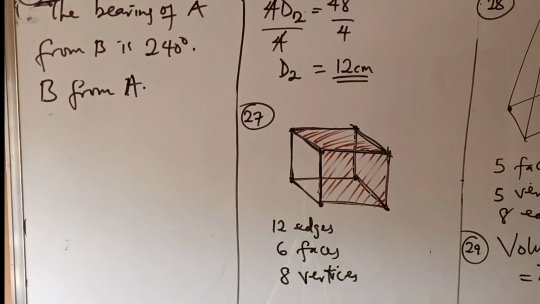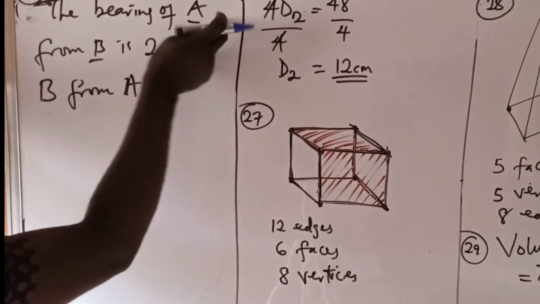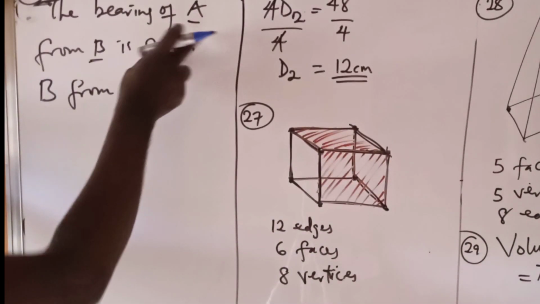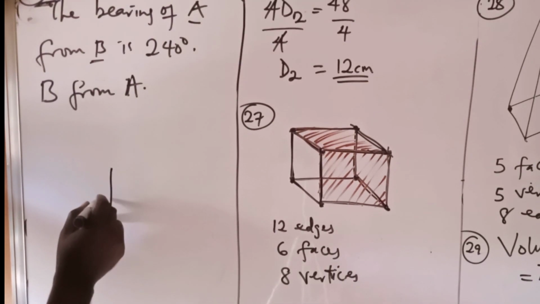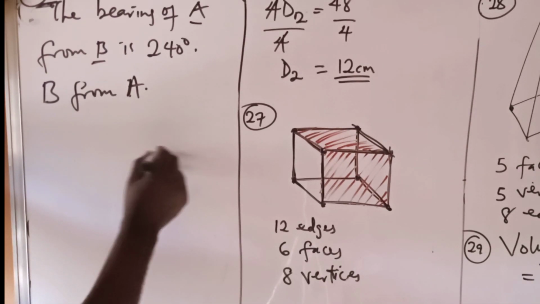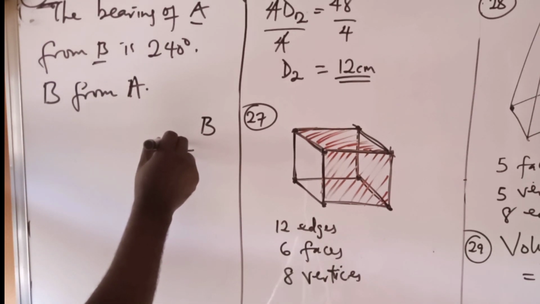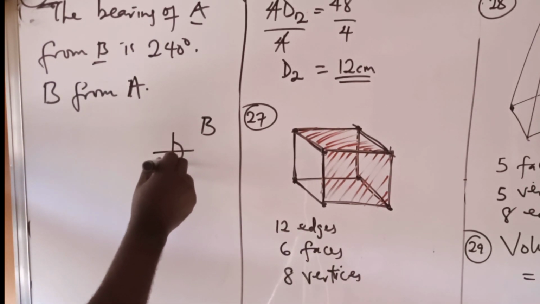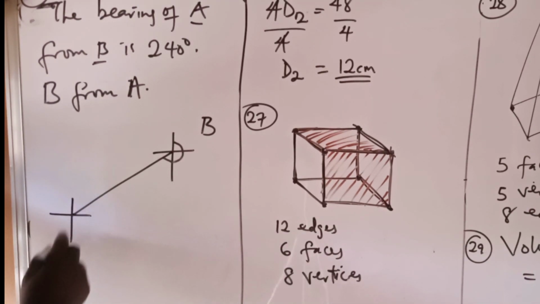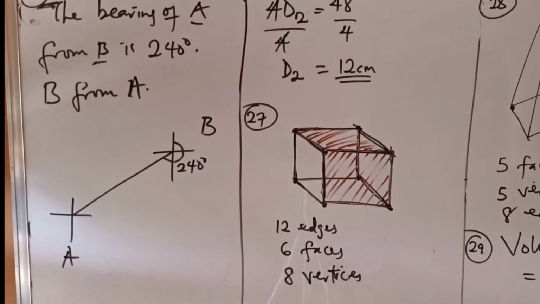So you can see A is from B. So now we're looking for B from A. That's back bearing. So in this case, the best way to do it is to sketch this. When you sketch it, we're starting from B. This is our B here. 240, 180, 240. This now is A. So here is 240 degrees. Hope that is clear.